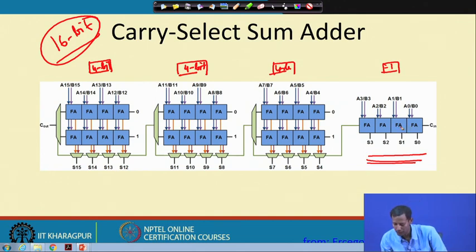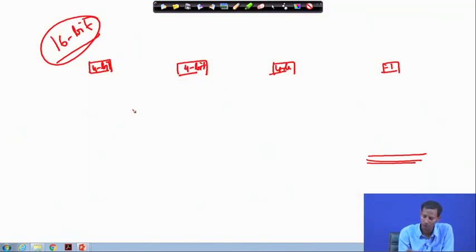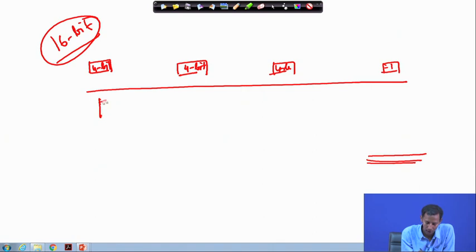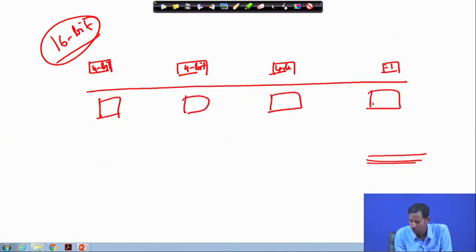Let me go back to this. If I divide it, I have these 4 blocks, and the carry comes over here.